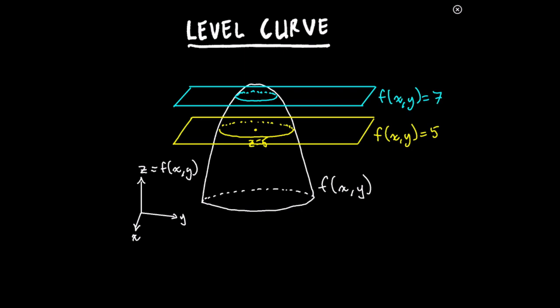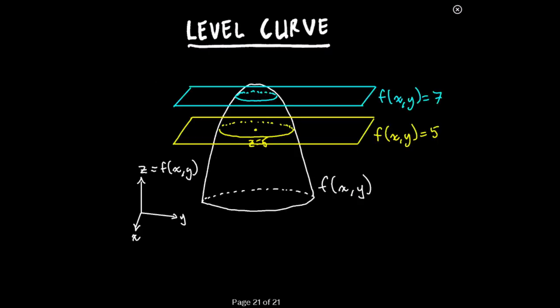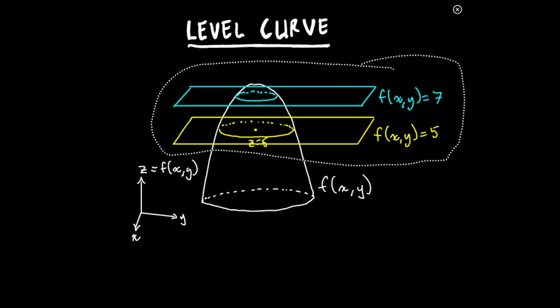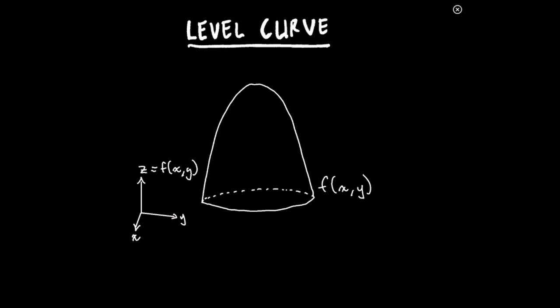All right, so let's go back and look at what were the things that we were going to cover. So number one was we wanted to find the equation of the level curve. Okay, so let's start by just clearing up everything that we have here. And first off, we need to actually define what our function is.